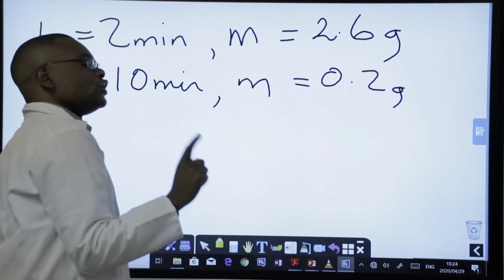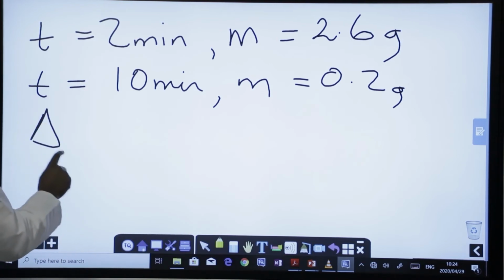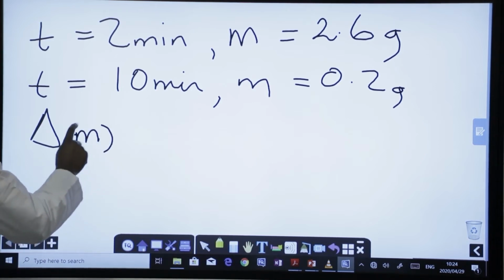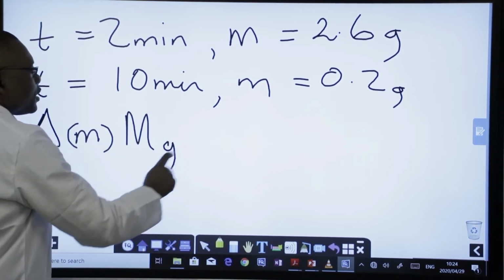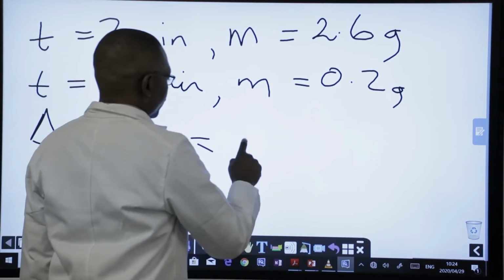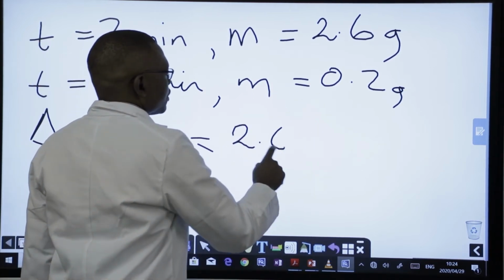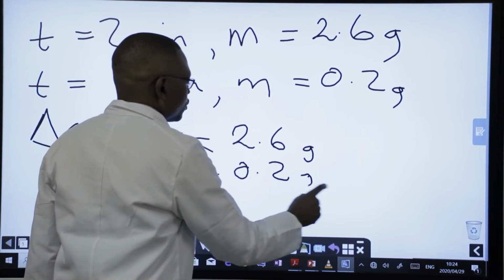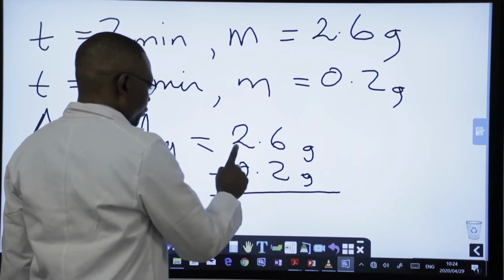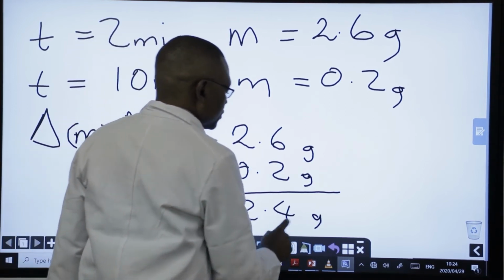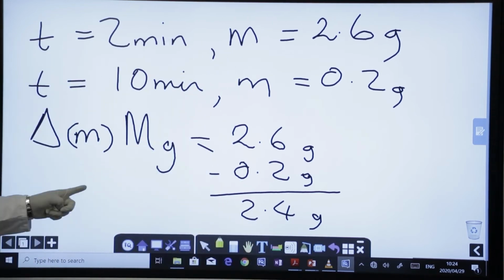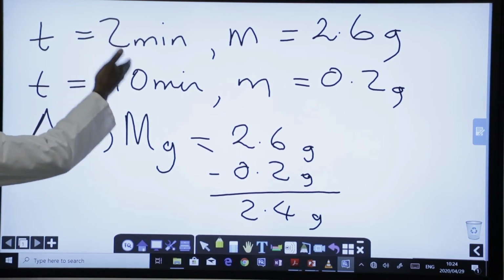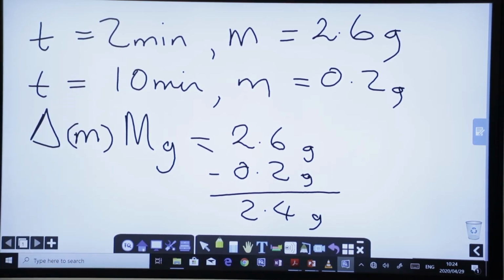So the change in the mass of magnesium is equal to 2.6 grams minus 0.2 grams. This gives you 2.4 grams. And what is the time change here, from 2 to 10? It's over a period of 8 minutes.